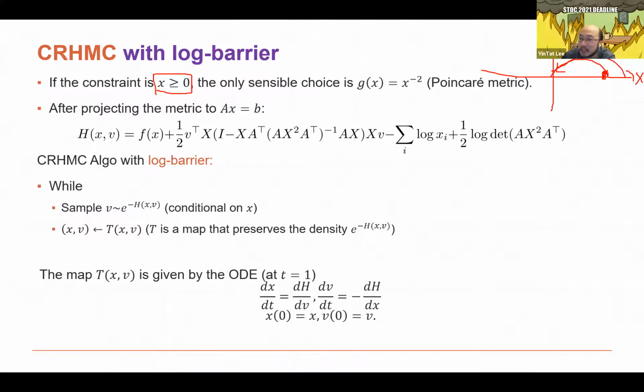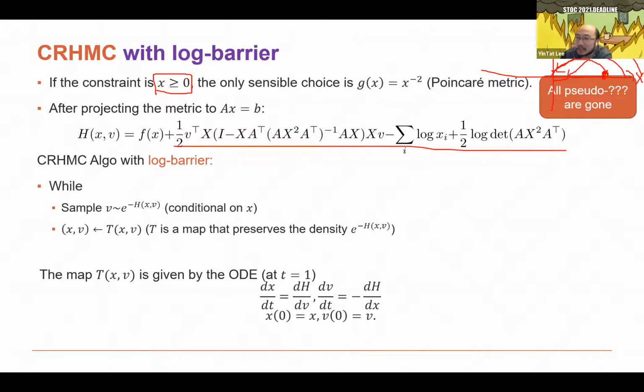Every point to the other point has distance roughly the same up to a log term. If you pick this metric and substitute into the previous formula, you can simplify the equation a little bit and get some explicit formula. Now the formula doesn't involve the pseudo-determinant. So now all the pseudo stuff is gone and no SVD is needed.